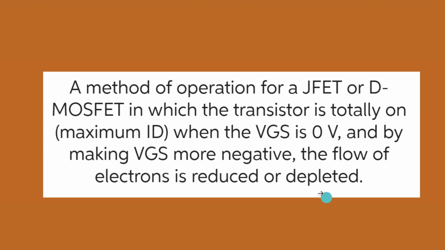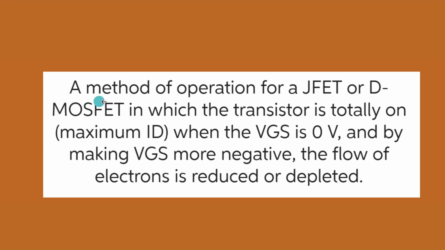So what did we do here is we used an operation method for JFET and DMOSFET, and in this operation method the transistor is totally on, with maximum I_D, when the V_GS is 0. Alright, so you have to remember those conditions. This is a method of operation applicable for JFET and DMOSFET.